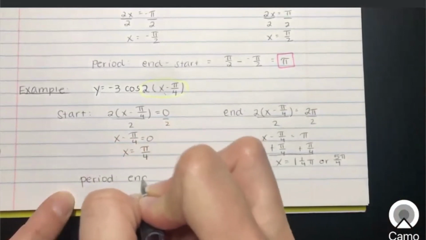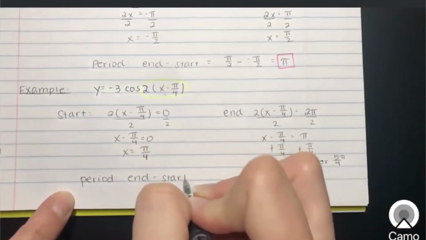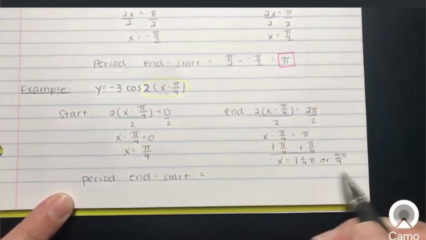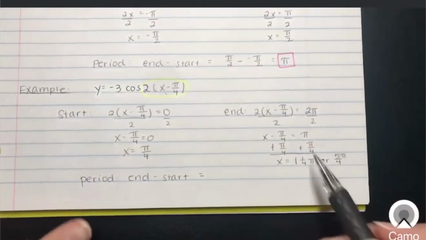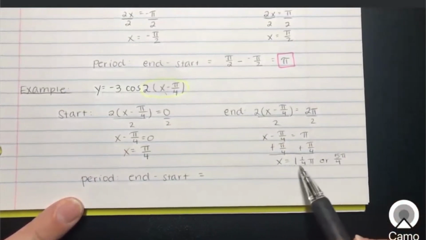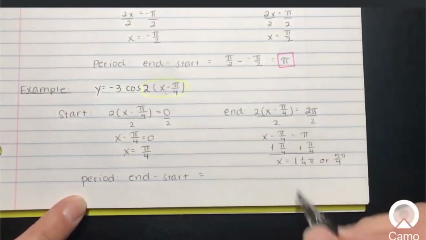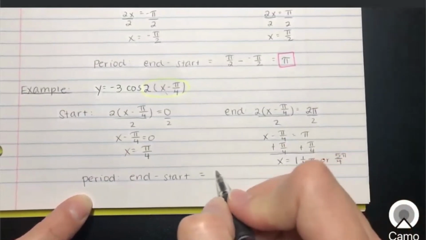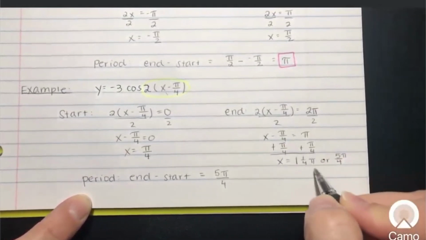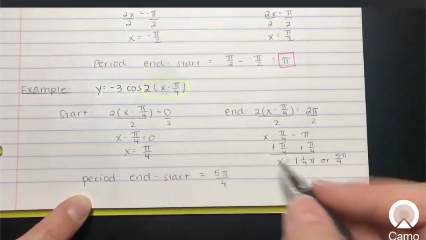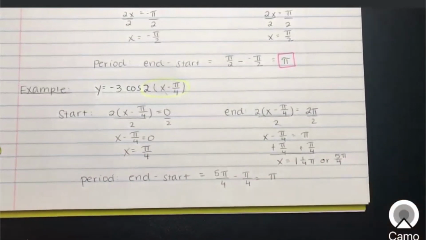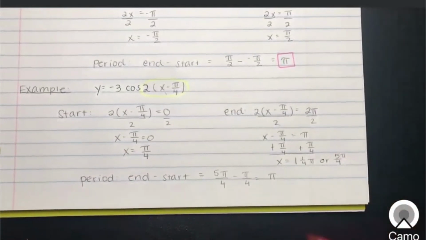So end minus start equals 5 pi over 4, or 1 1/4 pi, minus another quarter. I don't really have a preference of how you write it. This is probably more commonly accepted, but I know this makes it a little bit easier to find the period, so both ways are fine. That will give us 1 whole pi, and that's going to be the period for this cosine function.